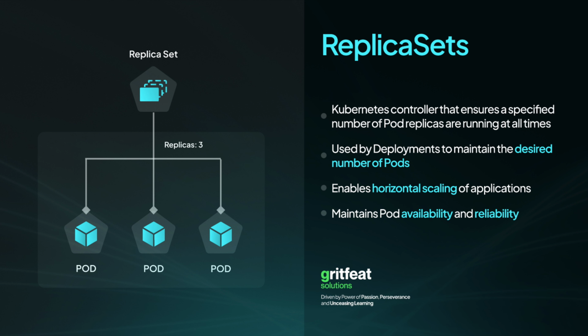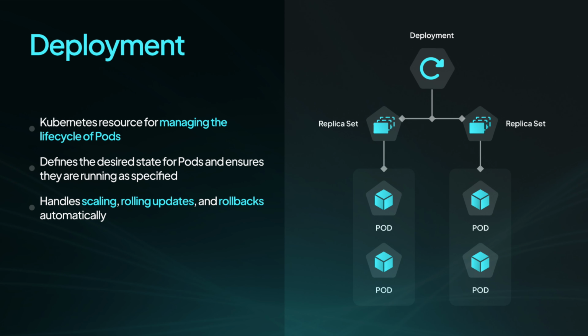So replica sets are all about ensuring you have the right number of active pods for your application, providing stability and scalability. Now let's talk about deployments. If replica sets ensure you have the right number of pods, deployments are what you typically use to manage the entire lifecycle of those pods in a much more powerful way.